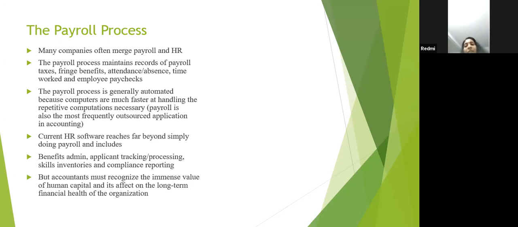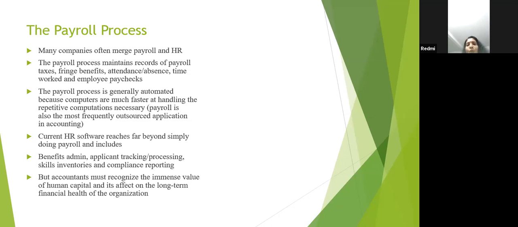So currently, HR software reaches far beyond simply doing payroll and includes benefits, admin, applicant tracking, processing, skill inventories, and complaints reporting. But accountants must, as I mentioned earlier, recognize the immense value of human capital, which we can't count as capital, and its effect on the long-term financial health of the organization.